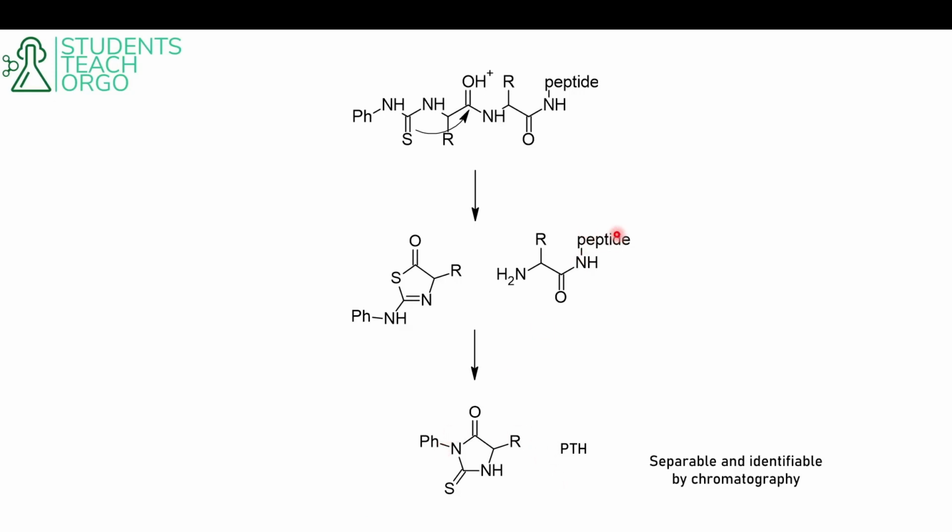And from this point, we can take this shortened polypeptide chain, which is now 1 amino acid shorter, and repeat the process, and that will take off this second amino acid group. That will give us its own PTH derivative, and then we can identify that one. So we can repeat this multiple times in a cyclic fashion, and determine the entire peptide sequence that way.